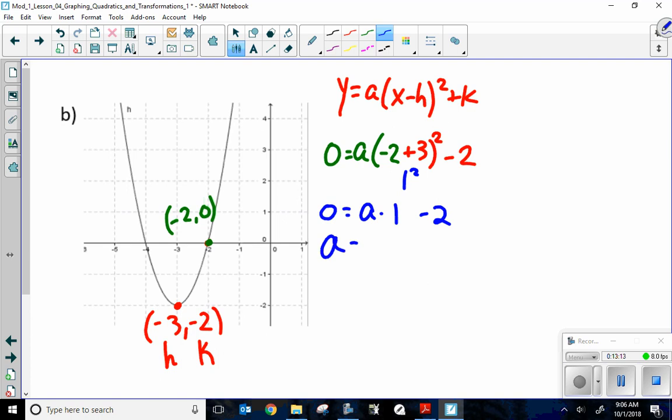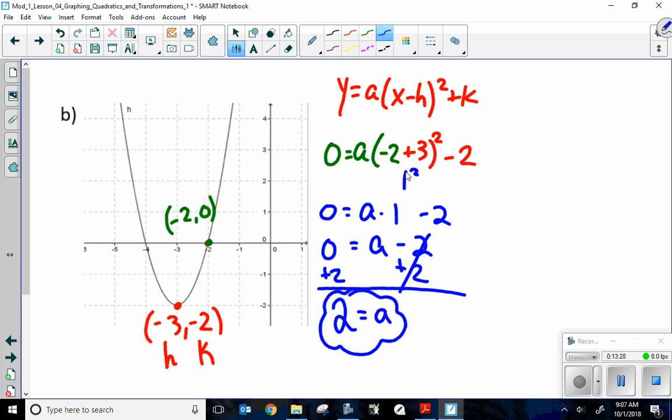So 0 equals 1a. Yep, that's okay. 0 equals 1a minus 2. Add 2 to both sides. 2 equals a. It doesn't always work out that your answer will be 2 for a. That's coincidence.